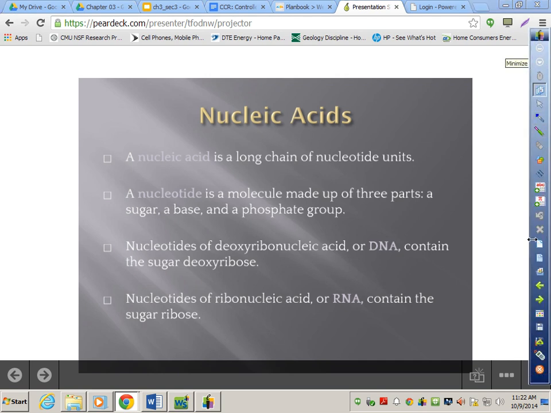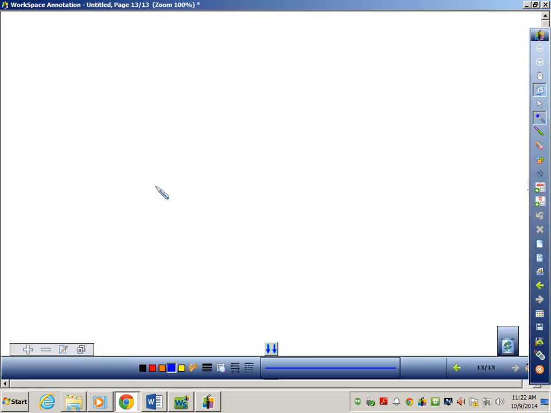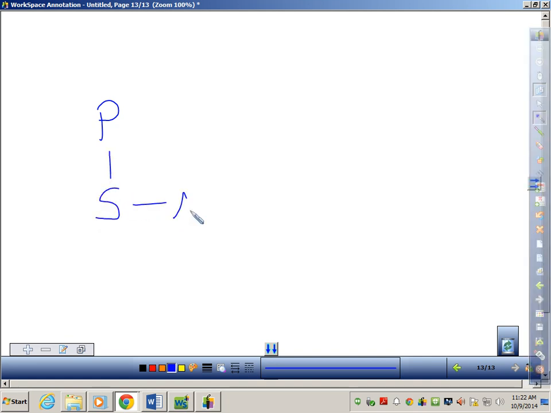Let me show you what a nucleotide kind of looks like. So in every nucleotide, I'm going to have a phosphate group. I'm going to have a sugar. And then attached to that sugar, in the middle, I'm going to have a nitrogen base. And then, since DNA is double-stranded, on the other side, I'm going to have another nitrogen base, another sugar, and another phosphate group.